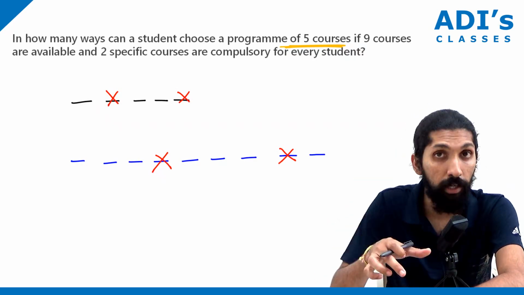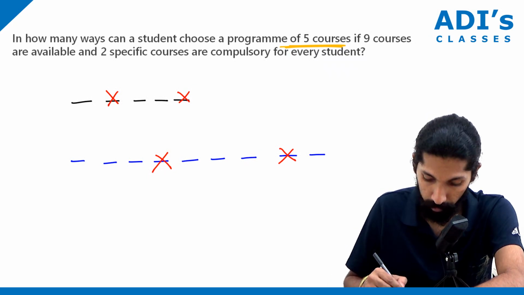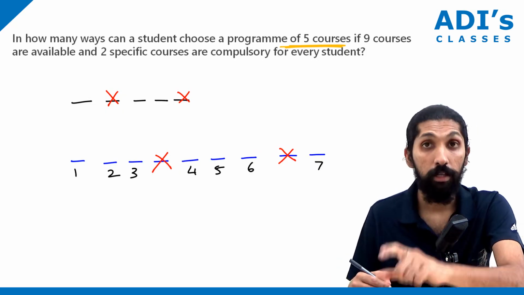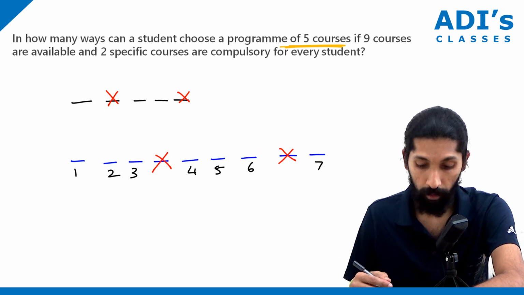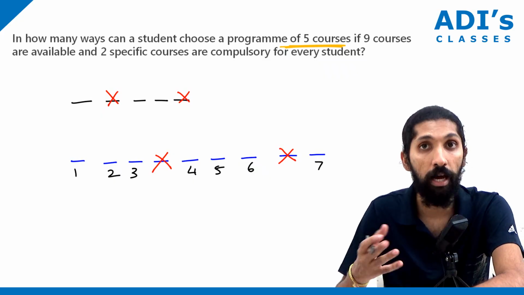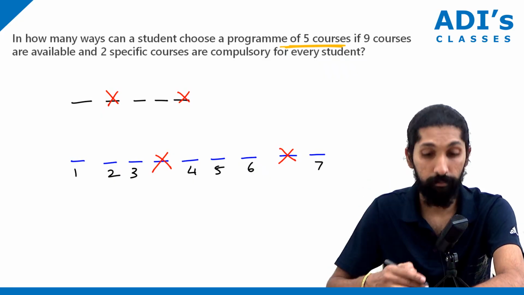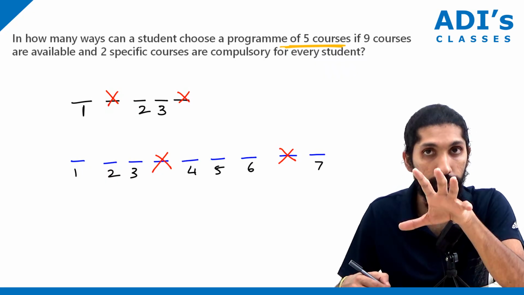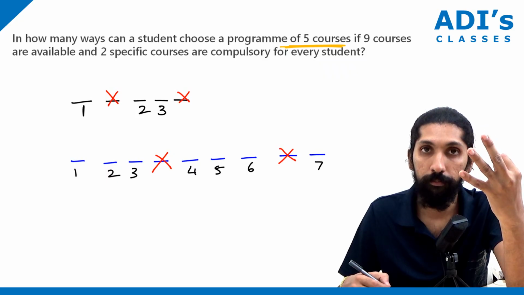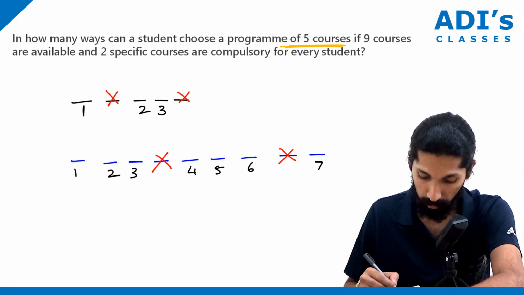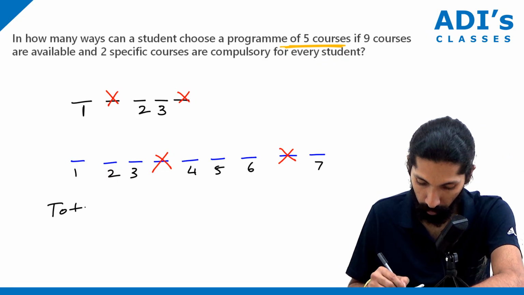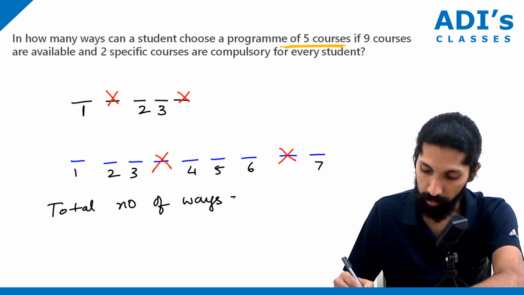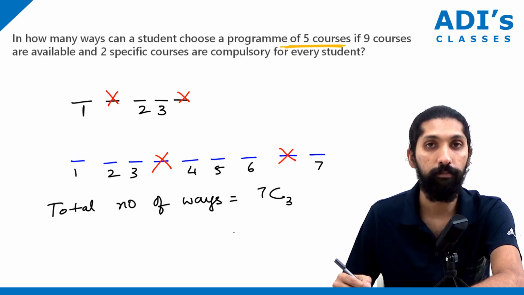How many are available to us now? We have 1, 2, 3, 4, 5, 6, 7. 7 are available. And how many blank courses can I take? 3. That is 1, 2 and 3. So out of 7, I can choose 3 of them. That means the total number of ways becomes 7C3.